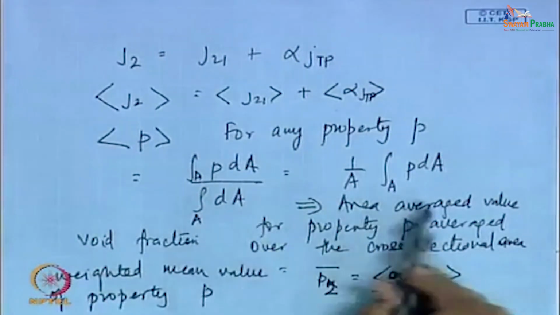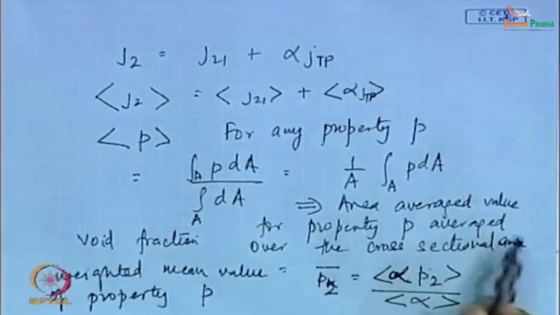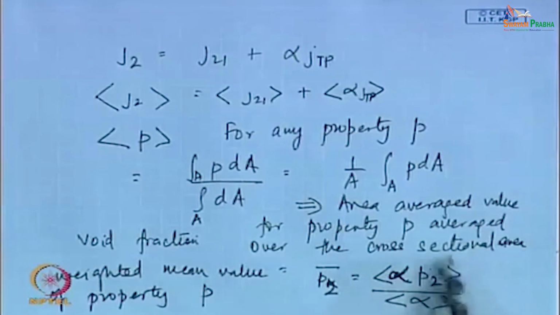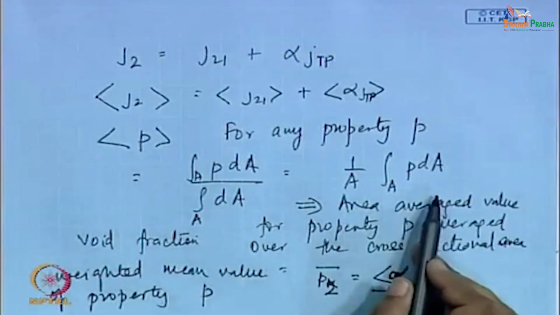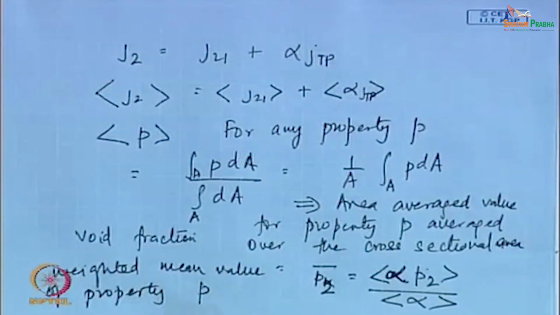This you have already got in your single phase flows. For any property P, the area averaged value over the entire cross sectional area can be given by this particular form, and the void fraction weighted mean value of the property can be expressed in this particular form.